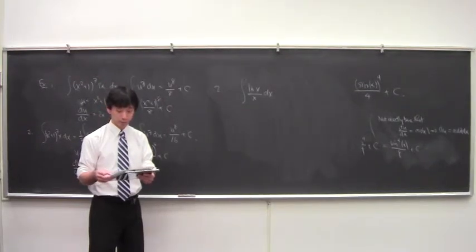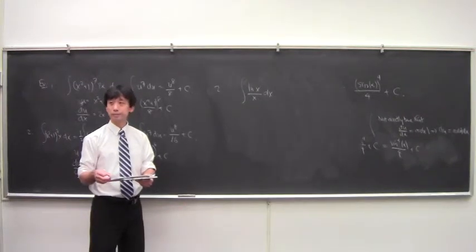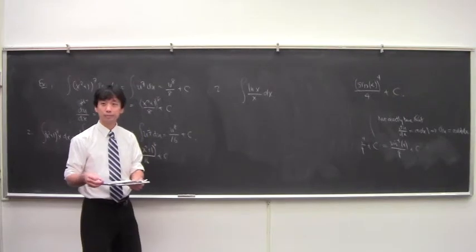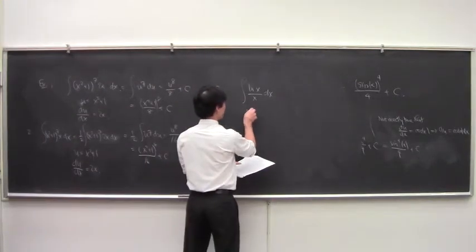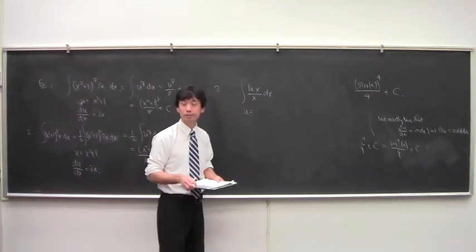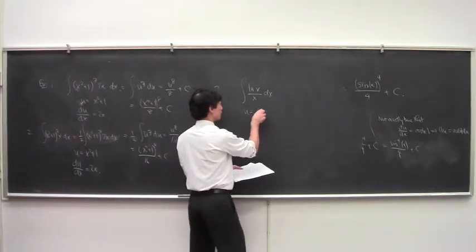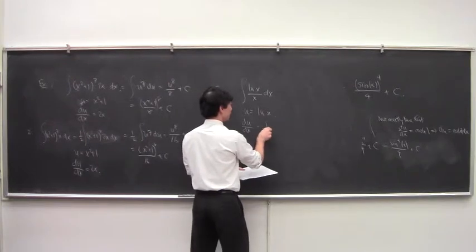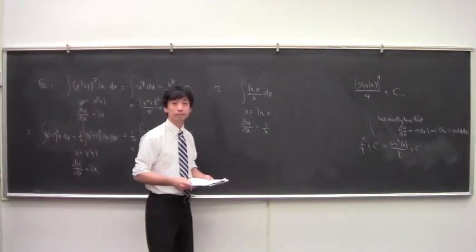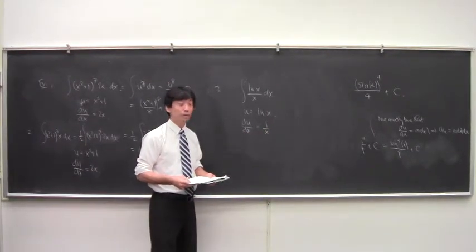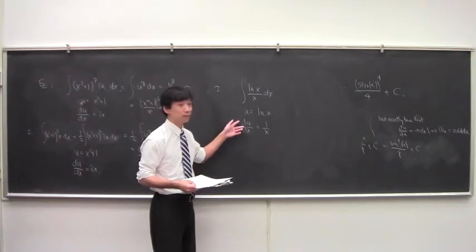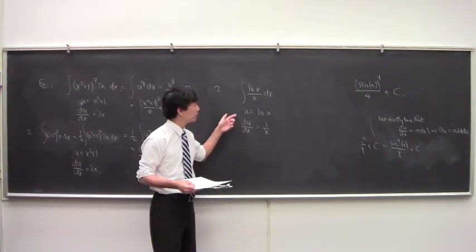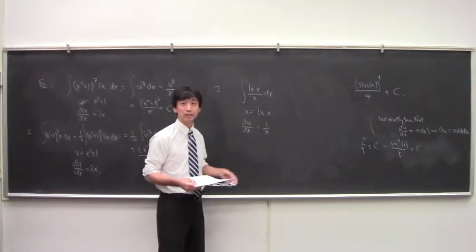Turn to somebody and say what you're taking as your u. Okay, so what are you taking as your u? Ellen, that's great. And why do you do that? Because you see that du dx is in there.